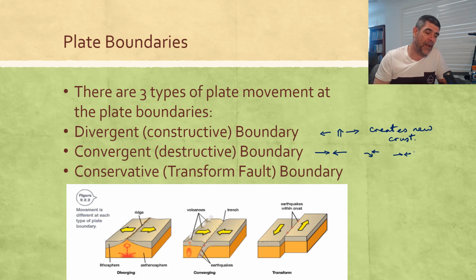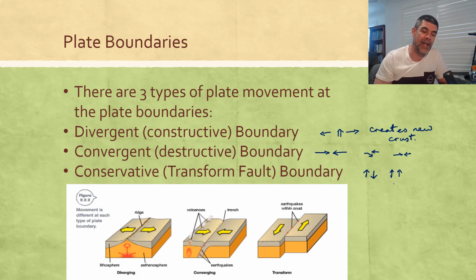The third type of plate boundary is a conservative boundary, or one that involves transform faults. Now what happens here is the plates don't either come together or move apart, but they just move side by side. Sometimes it's possible for them to both move in the same direction but at different speeds.